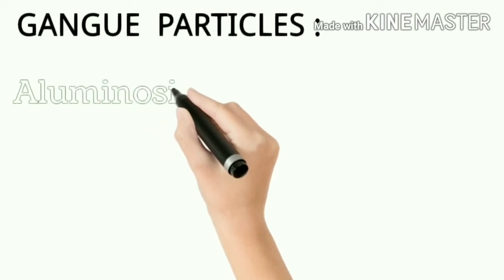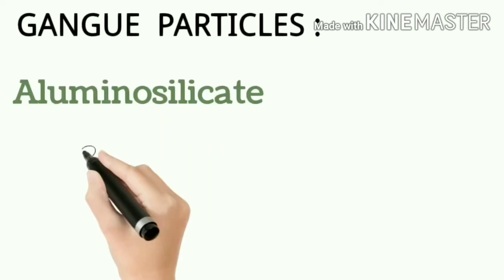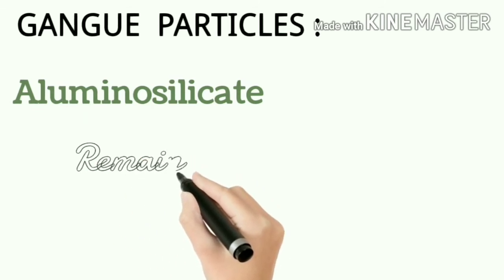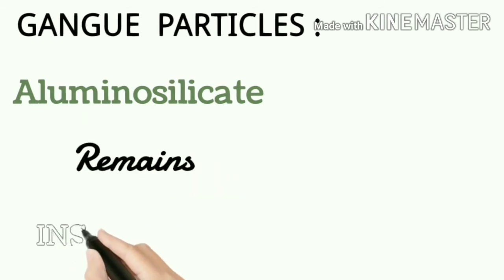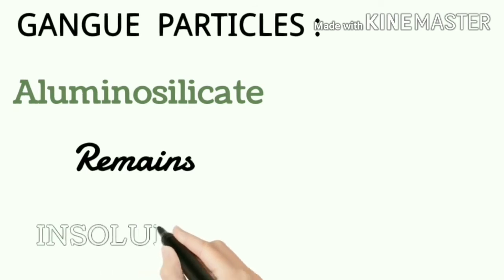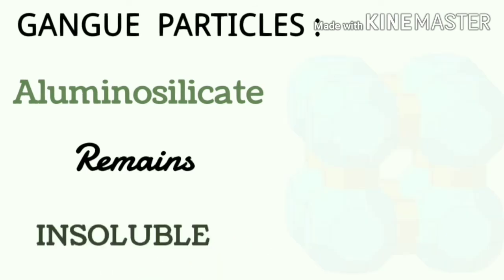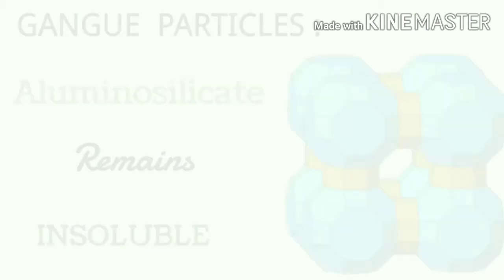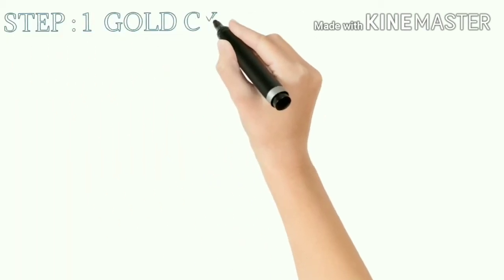Here, in the concentration of gold, the gangue particle is aluminosilicate, which remains insoluble. This takes place in two steps. This is the picture of aluminosilicate.